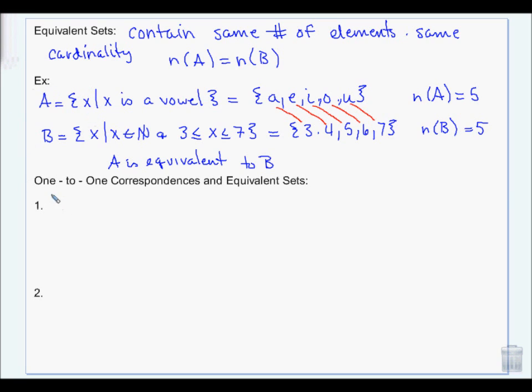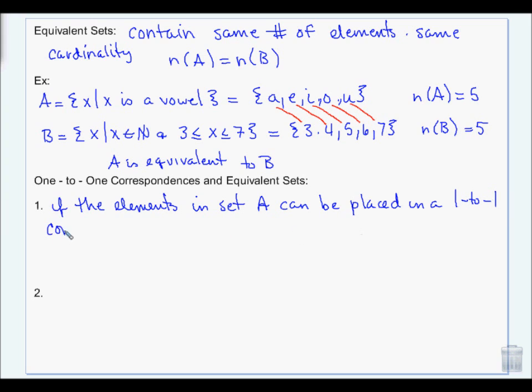If the elements in set A can be placed in a 1-to-1 correspondence with the elements in set B.